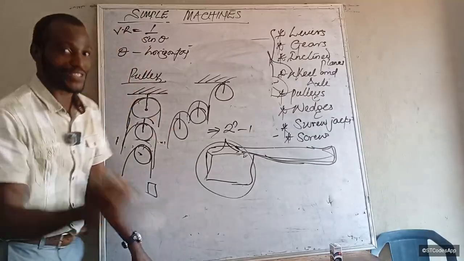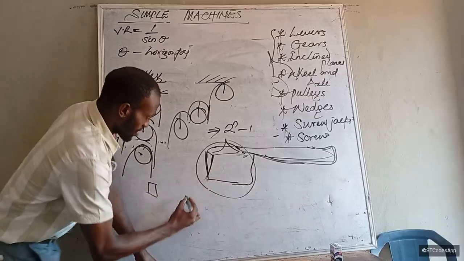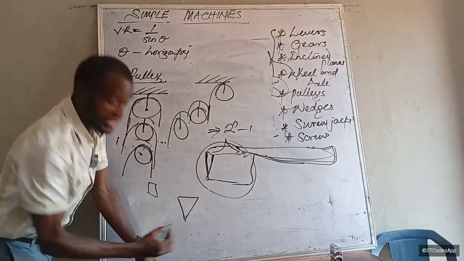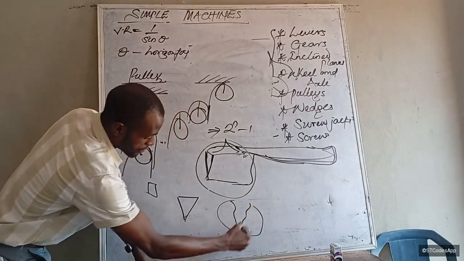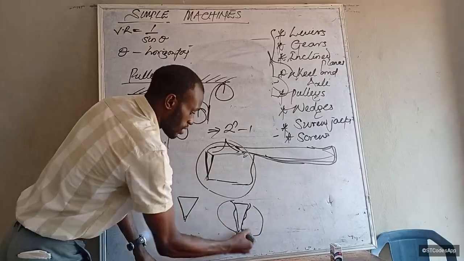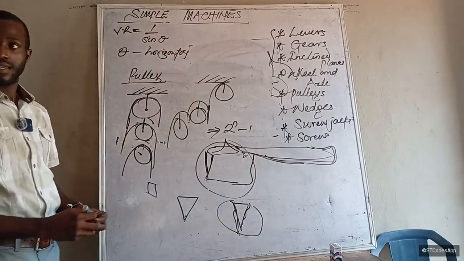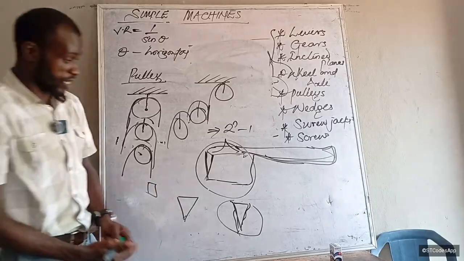Okay. The point is I want you to see this. So this is the shape of the wedge. Is that clear? We use it to tear into wood, for example, right? It will enter the wood like this when you hit it. So it's used to overcome this load.